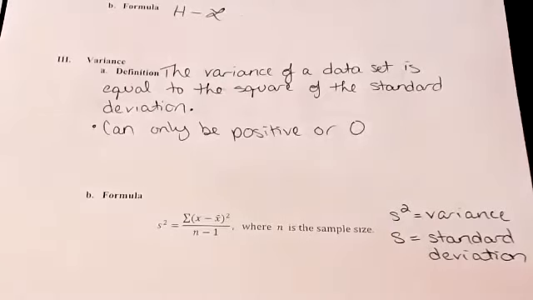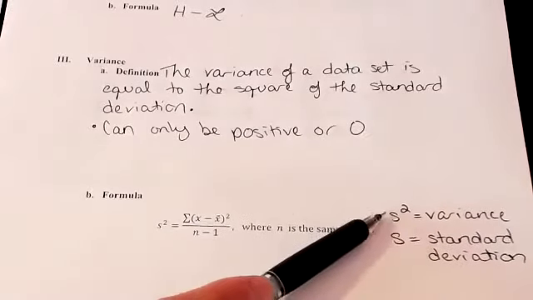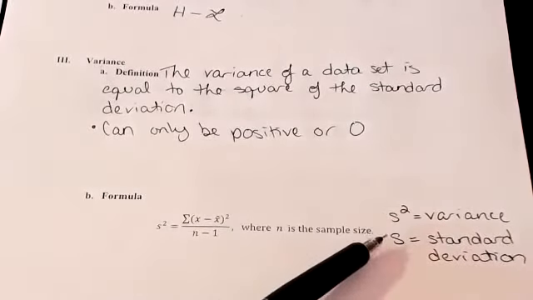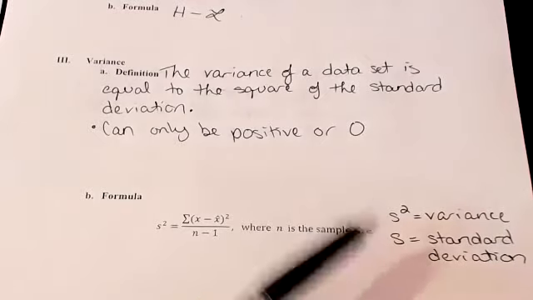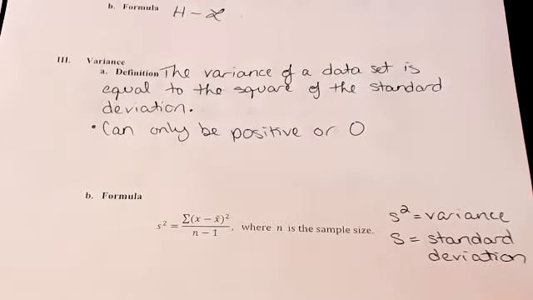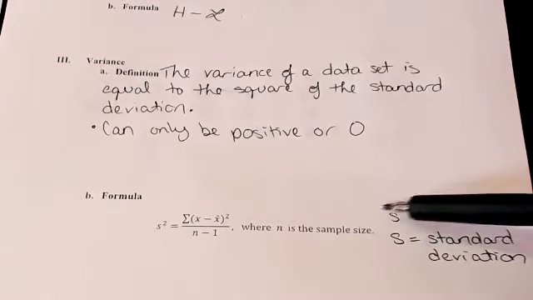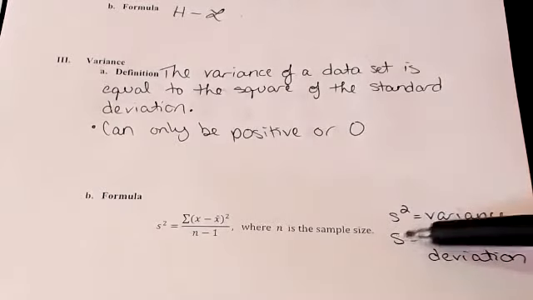Out of curiosity, mathematically, how would you go from an S squared to an S? What operation would you perform mathematically to make that happen? Square root. Perfect. So if you were to square root S squared, you would get S by itself, wouldn't you?